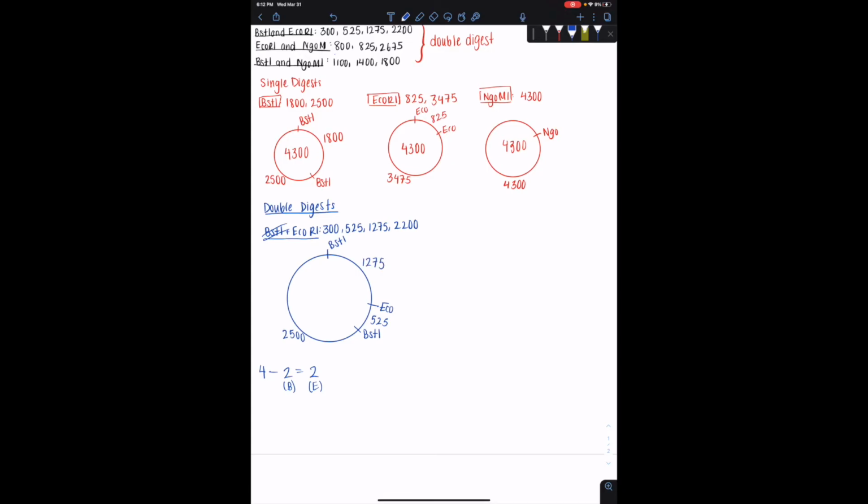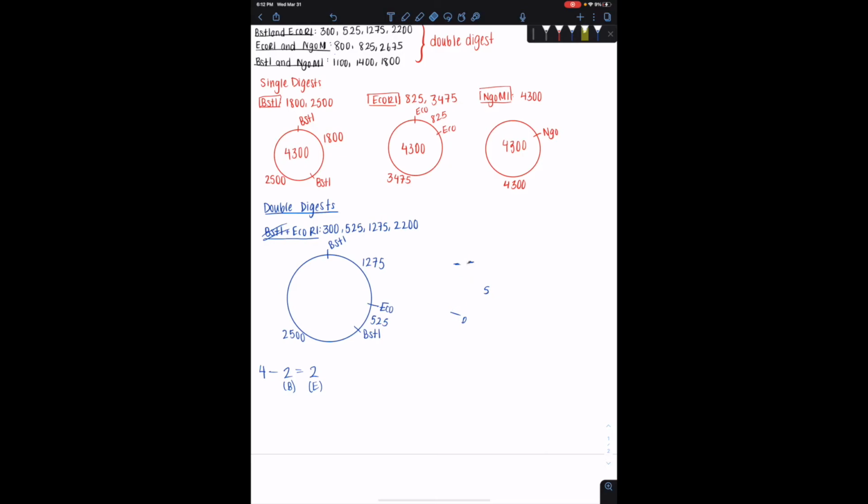The reason why is that the piece we were working with, 1800, we're splitting into 2 pieces. So now this piece right here is going to be 1275, and this piece over here is going to be 525. It's going to be cut by E. These 2 sides will be B.